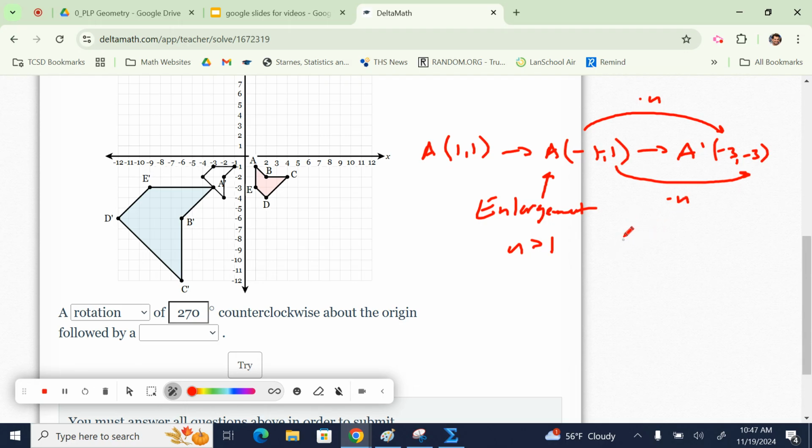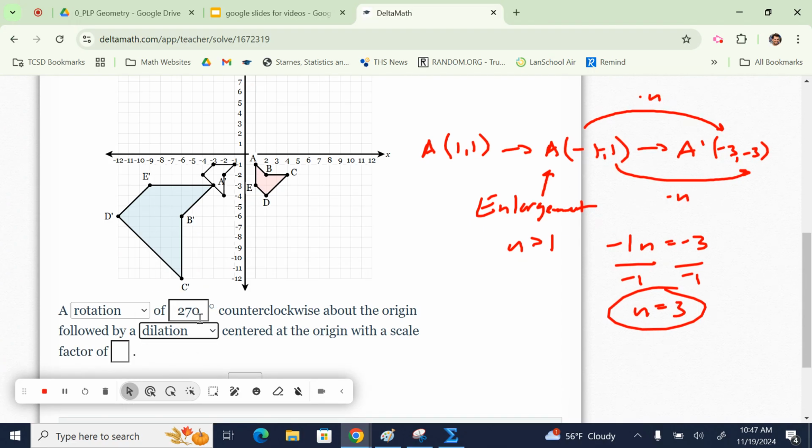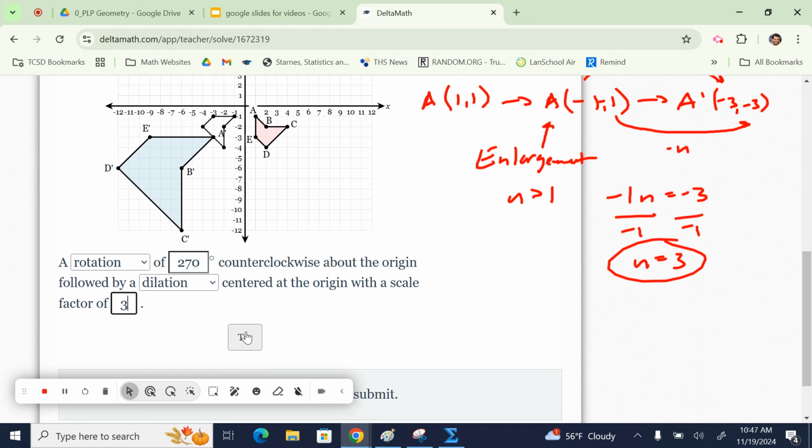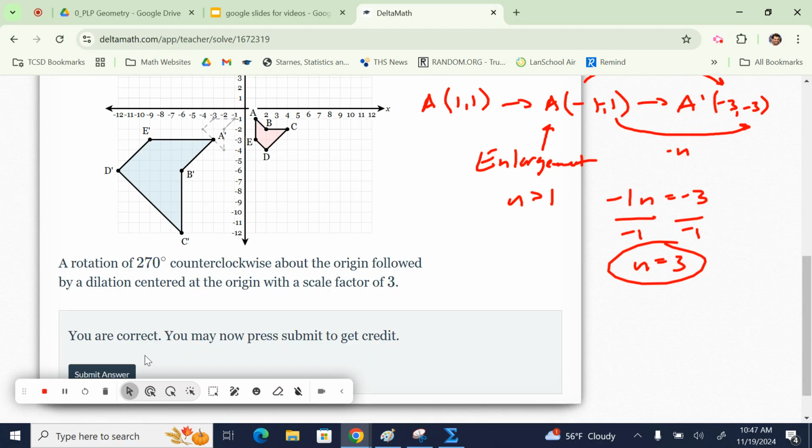I can just do negative 1 times n equals negative 3. I can divide by negative 1 to get n equals 3. And there's my scale factor of 3. If I make these coordinates 3 times larger, I will get the new figure. So I'm going to dilate, and my scale factor will be 3. If I click try again, there's my 270 rotation, there's my enlargement by 3, and boom, they line up, and we're good to go.